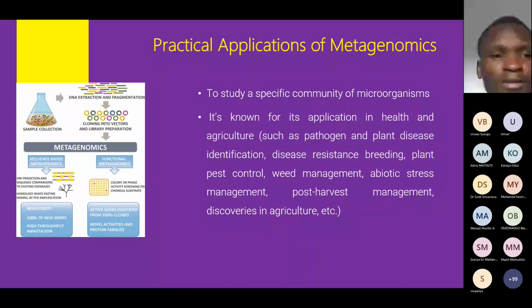Now, metagenomics has an advantage over genomics because we have individual genomics. That's whole genome sequence. Whole genome sequence is targeted towards a specific organism of interest. So it could be a specific bacteria, it could be Lactobacillus fermentum, it could be Staphylococcus aureus, right?